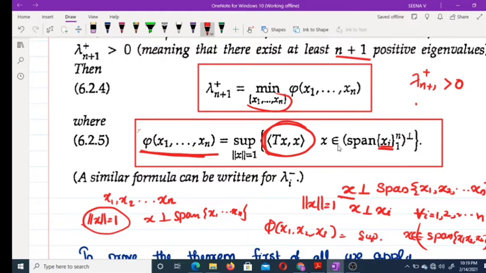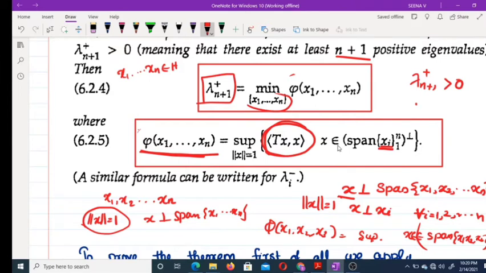That is, we are choosing some x1, x2, etc., xn in H, then evaluating phi of x1, x2, etc., xn for each n tuple. Then the minimum of those phi of x1, x2, etc., xn must be lambda n plus 1 plus. This is our result. Hope the statement is clear.